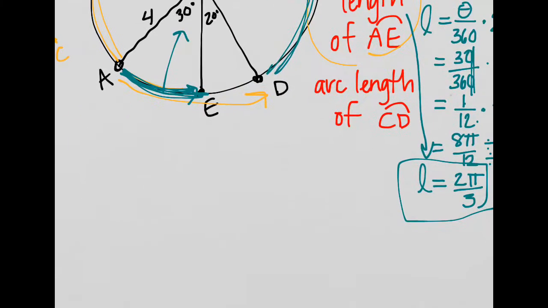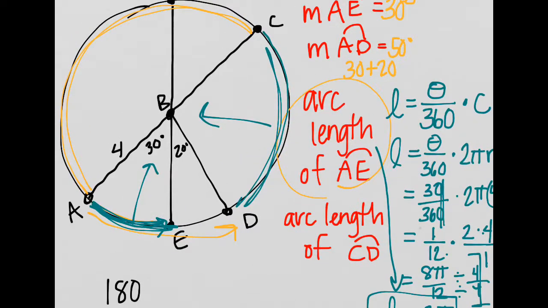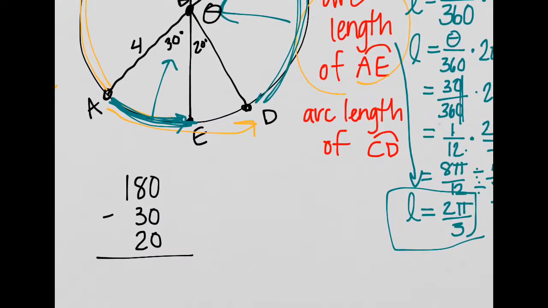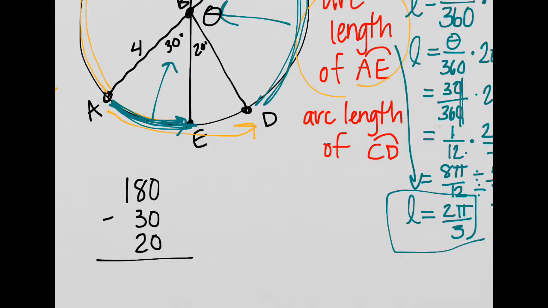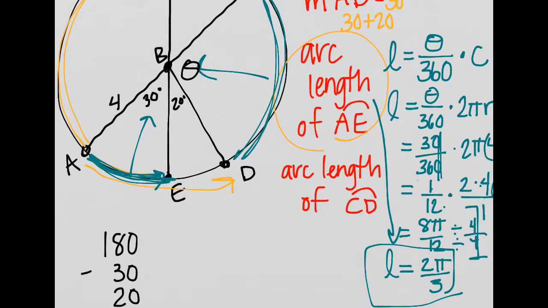Yes. So if I say that I have 180 and I'm going to subtract that 30 and that 20 from this section and this section here, that's going to be what remains, or this theta value there. Well, I know that 180 minus 50 would be 130 degrees. Y'all get that?